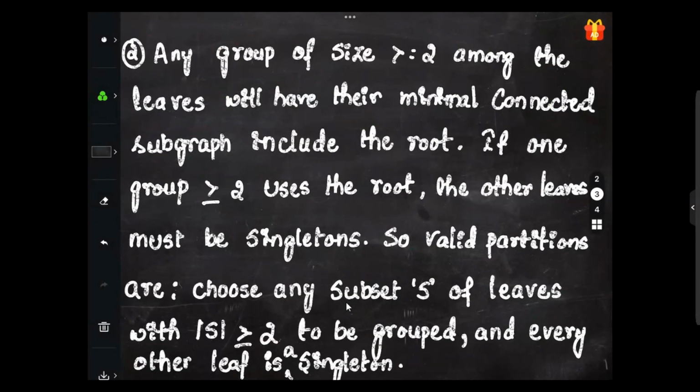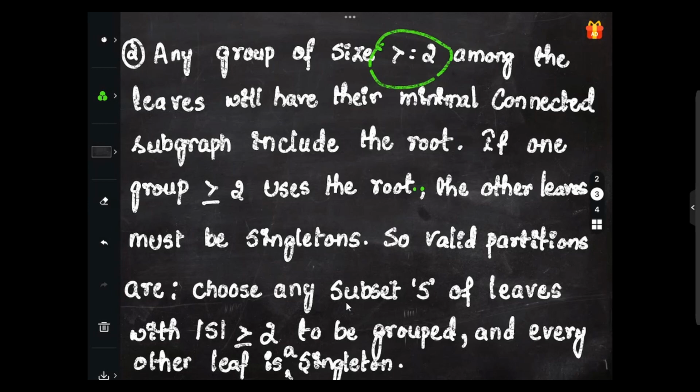Any group of size greater than or equal to 2 among the leaves will have the minimal connected subgraph that includes the root. If one group of size greater than or equal to 2 uses the root, the other leaves must be singletons.